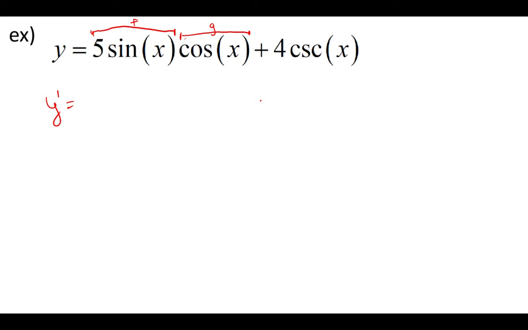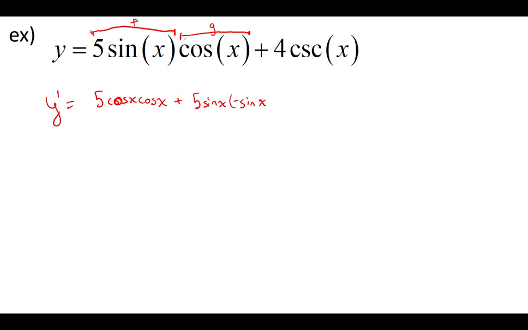All right, so if I do f prime first, derivative of sine is cosine, so this becomes 5 cosine x times cosine x, because that's g. It's 5 cosine x plus my original first function, which is 5 sine x. The derivative of cosine is minus sine.